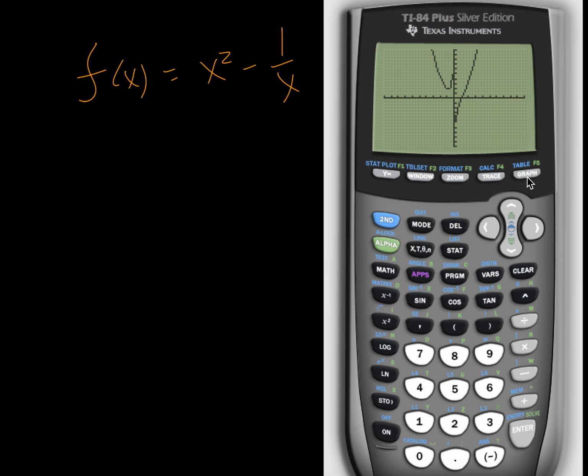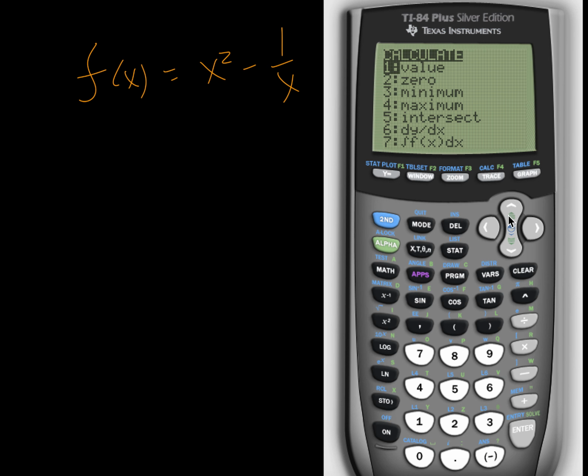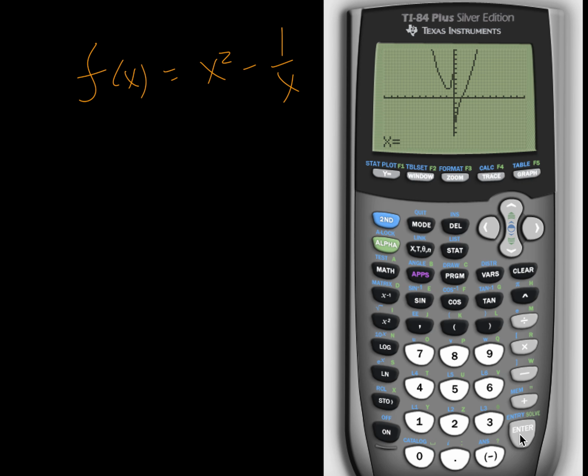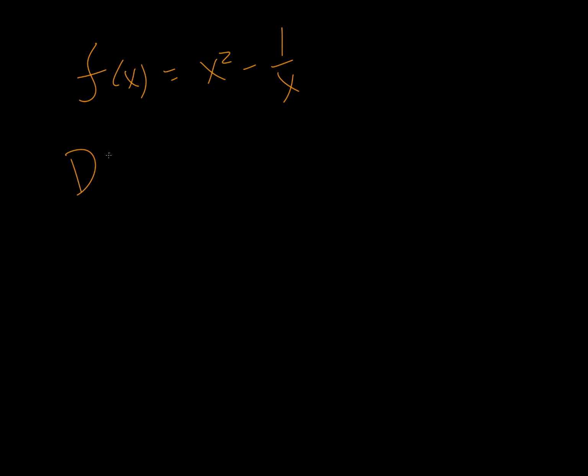And so I think there's a way to actually test that. Is it value? Yeah. So x equals 0. And then hit enter. And see how there's no value. X equals 0, y equals whatever. Doesn't have that. So that's going to be our missing piece of our domain. So x does not equal 0.